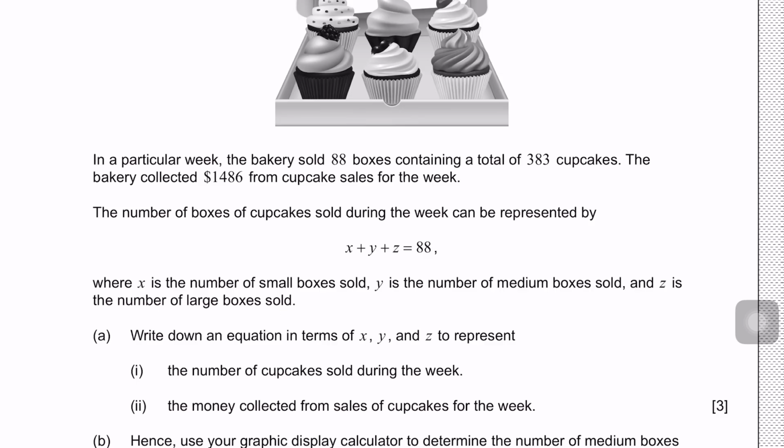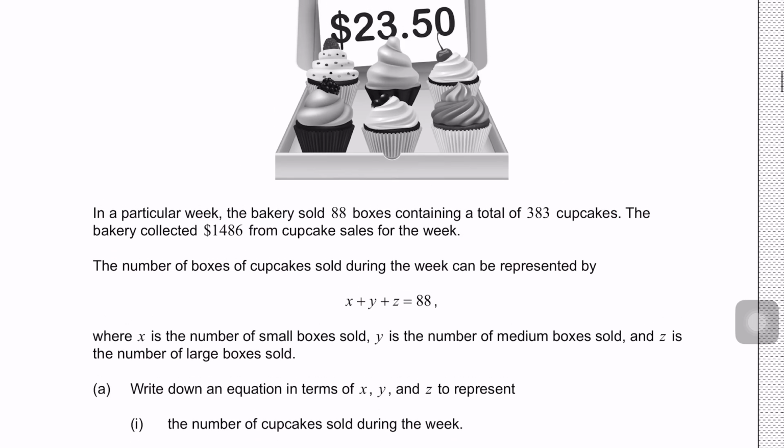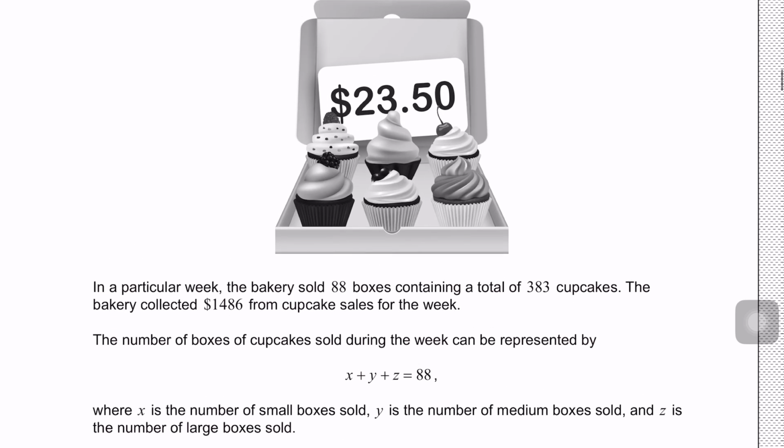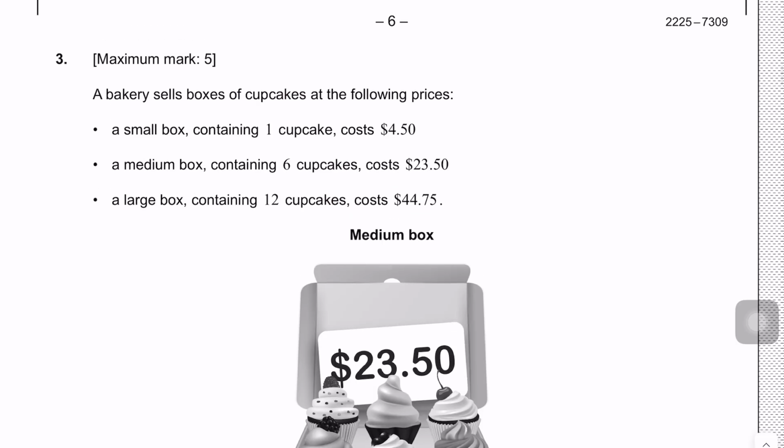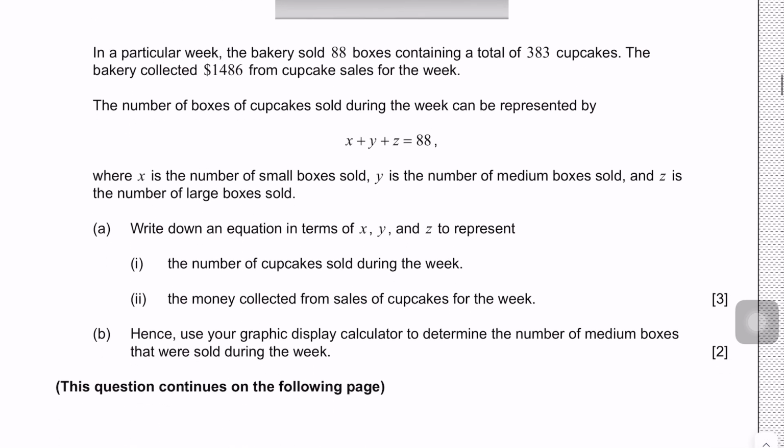All right, so x plus y plus z, total number of boxes, equals 88. And then we have a number of different relationships up here. There's 88 boxes sold, we know that, 383 cupcakes sold, the total amount of money that this shop has made, and then the price for each size of box.